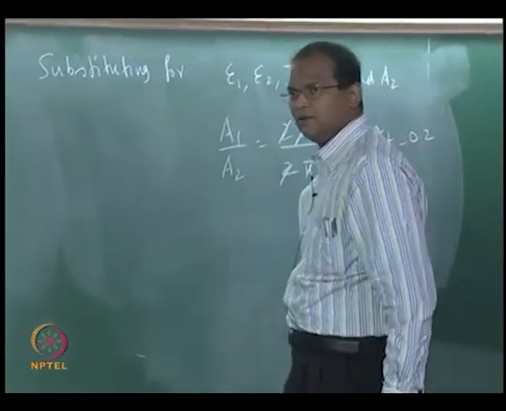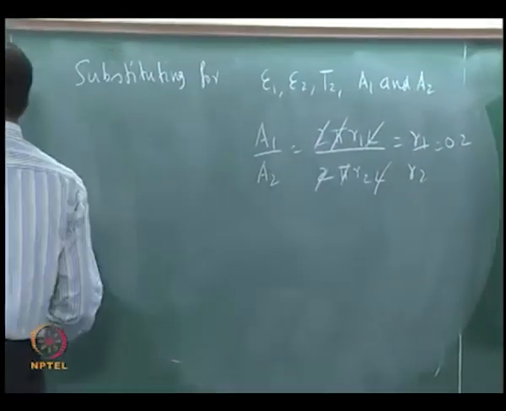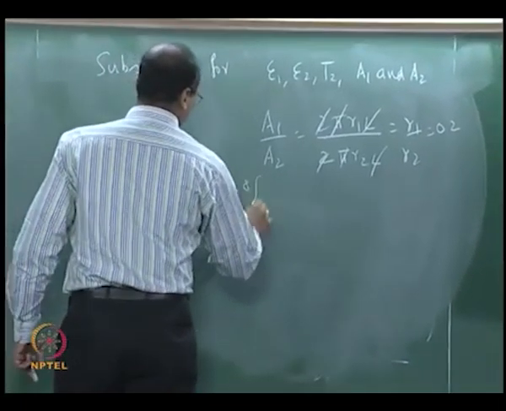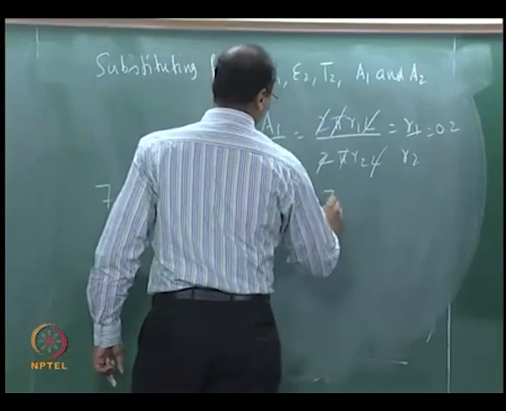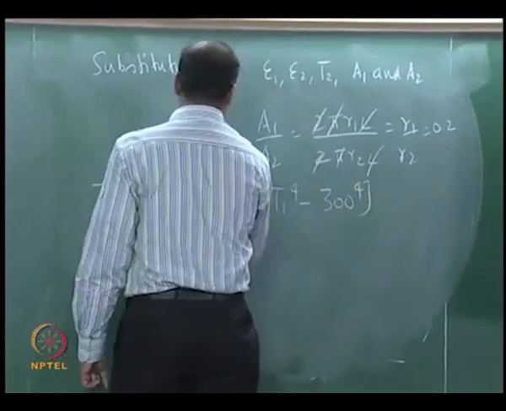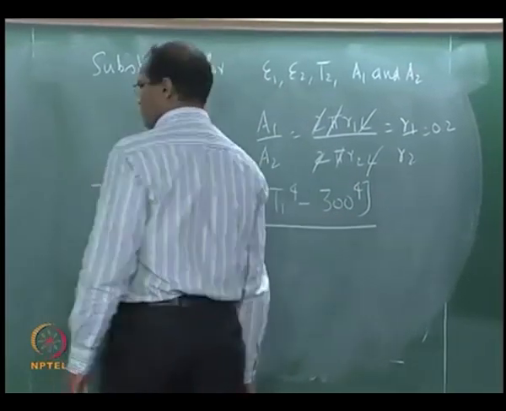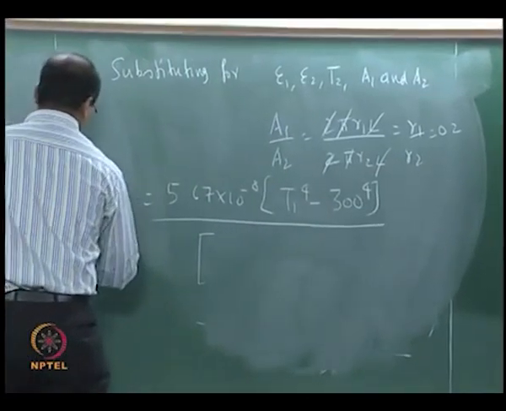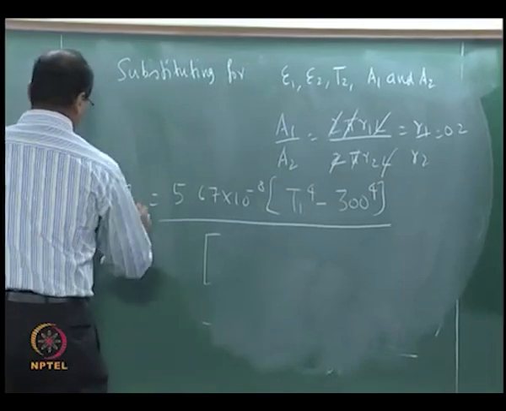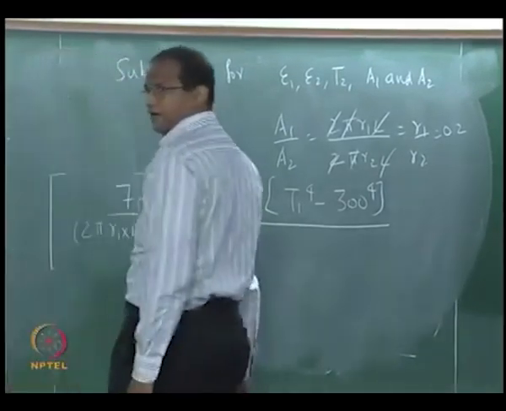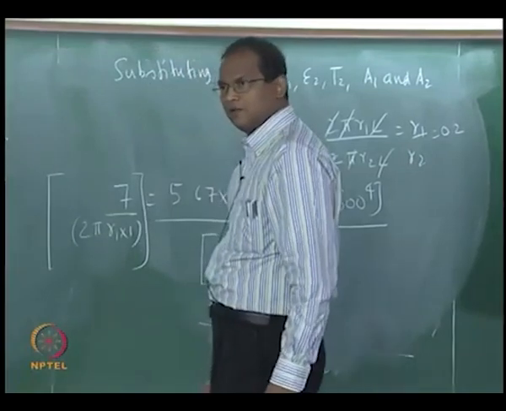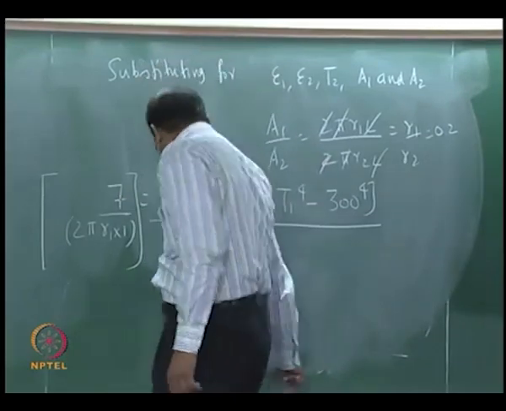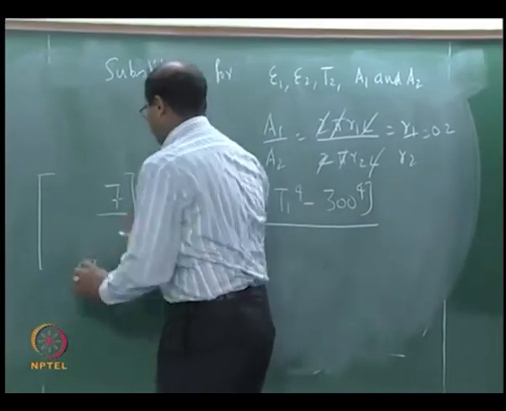R1 by R2 is 0.2, isn't it? Therefore 7 by, very good. 7 by, correct, is it correct? 2 pi R1 into L, because that is 7 watts per, no, I get 7 watts per meter length, it is correct.